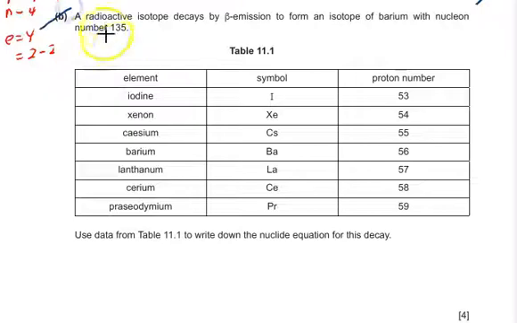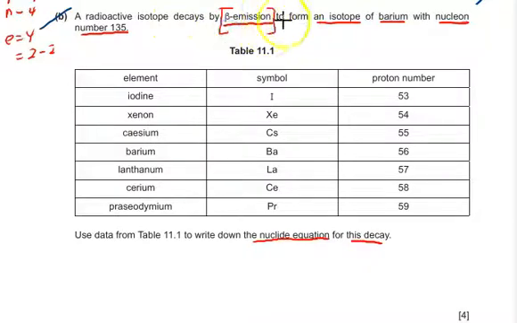A radioactive isotope decays by beta emission to form an isotope of barium with a nucleon number of 135. Use the data from table 11.1 to write down the nuclide equation for this decay. So they are saying a radioactive isotope decays by beta emission to form an isotope of barium with nucleon number 135.